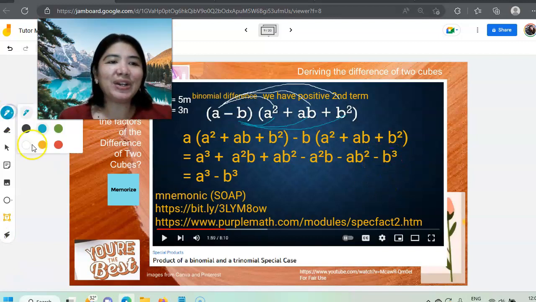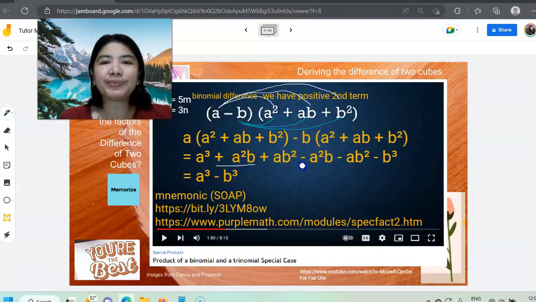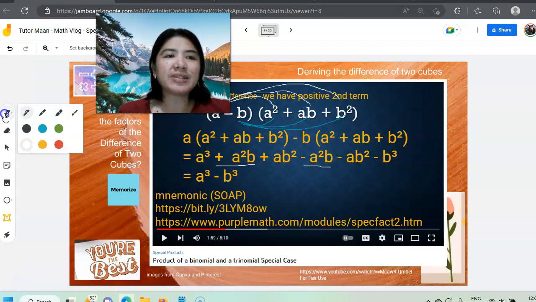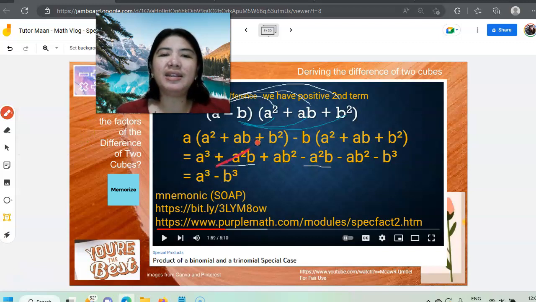And there are terms that we can cancel out. Positive a squared b and then negative a squared b. So that would be 0. They have different signs.